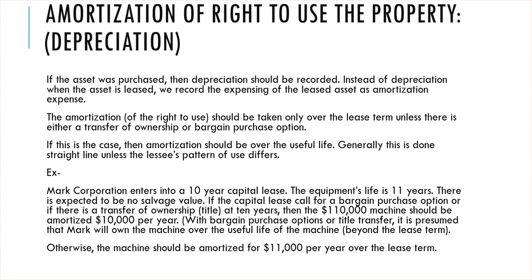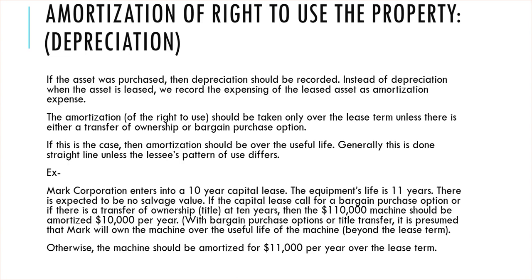If it calls for also a bargain purchase option or a transfer of ownership at 10 years, which is at the very end of this lease arrangement, and by the way, that's another criterion met that tells us it's a capital or finance lease. Then when this ownership happens, Mark Corporation is going to put it on their books as PP&E, and at that point you're going to continue to take the value of the asset away.